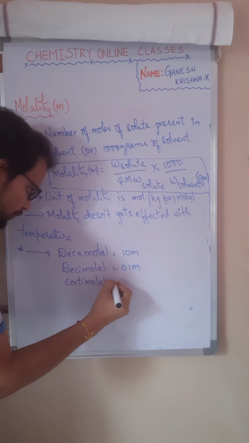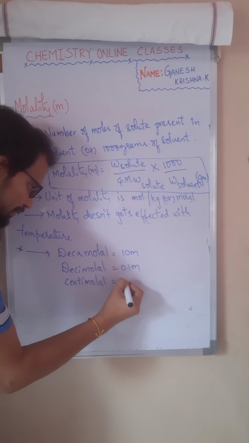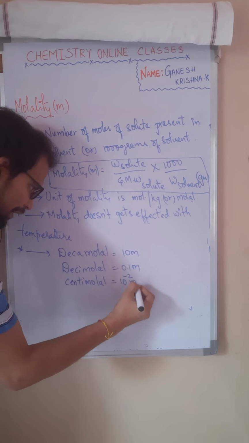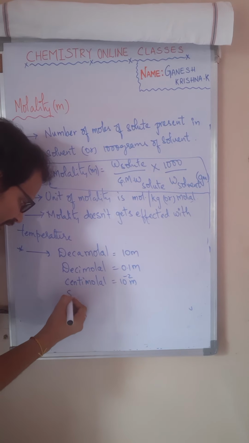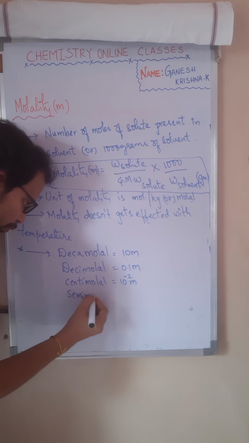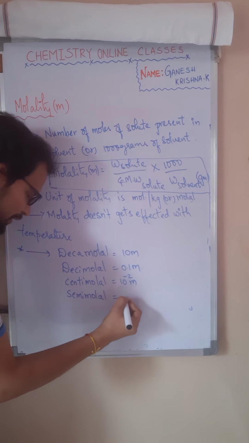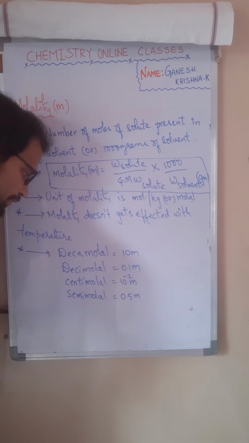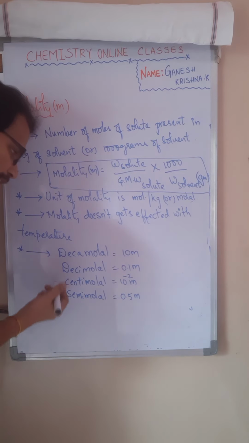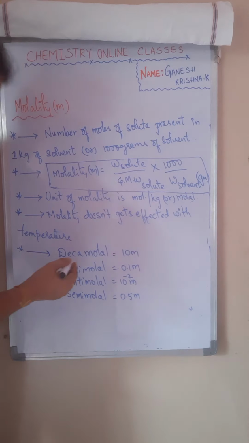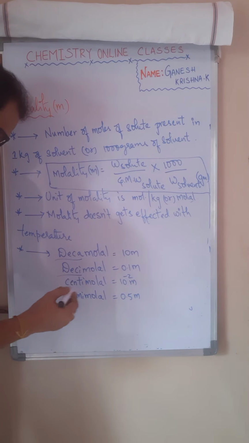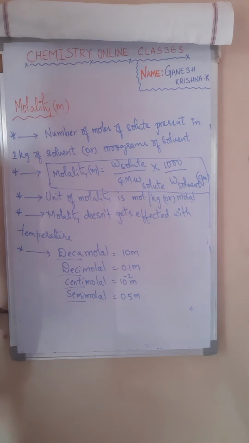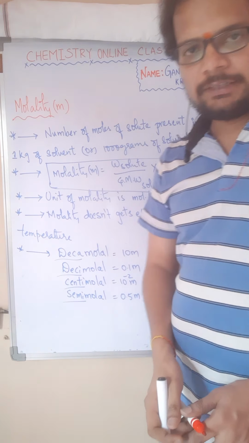Centimolar means centi, that is 10 power minus 2 molar. And semimolar is 0.5 molar. Like this, the same Greek prefixes deca, deci, centi, semi can be applied for molarity, and also for the normality terms.